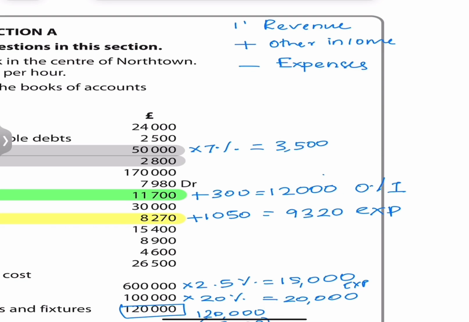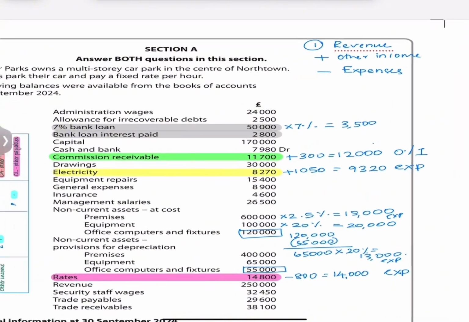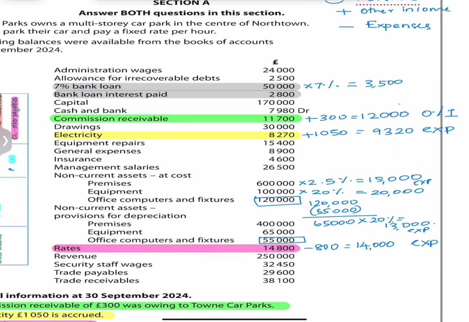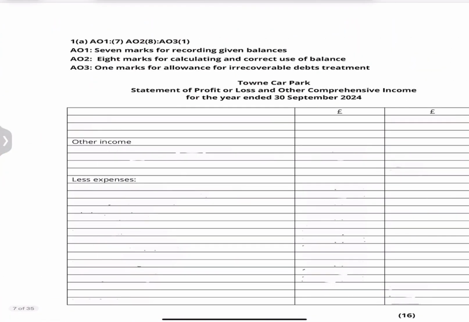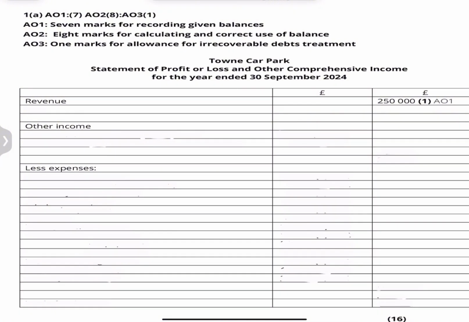Let's complete the first section, revenue. Let's skim through the question and see if we have revenue and revenue returns or sales returns. As we can see, we have revenue of 250,000 and there isn't any revenue returns or sales returns. Therefore, let's enter this in the first section of the income statement. Revenue, 250,000. One mark is awarded for this.